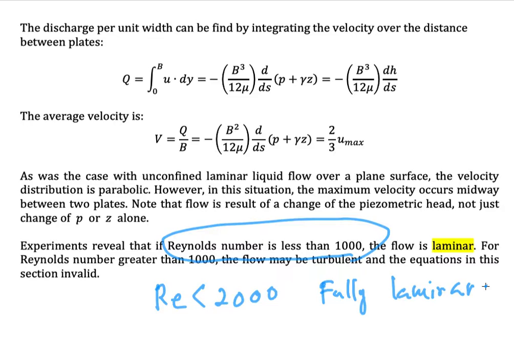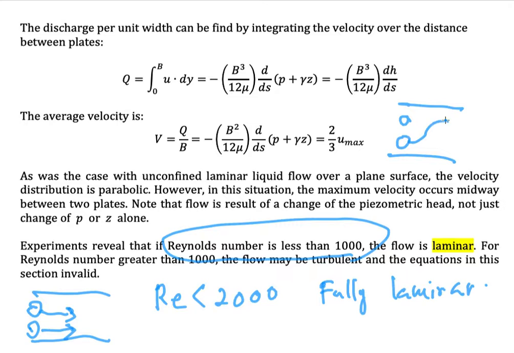I hope you could study the definition of laminar and turbulent. The important point is that each molecule will flow on its own path line. Turbulent means that the molecule has the possibility to cross each other's path line.